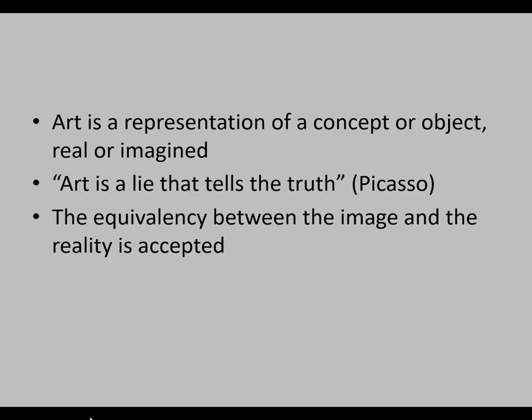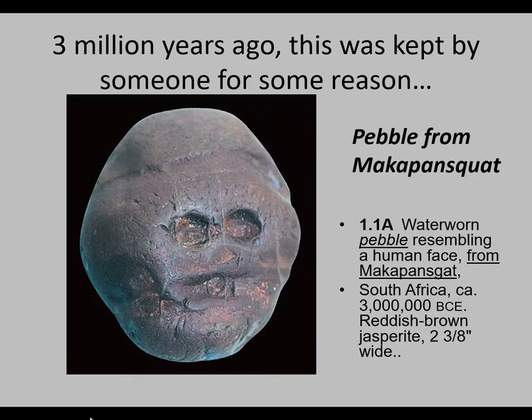And the idea behind the pipe painting is that the equivalency between the image and reality is accepted. That is, when we see the image of something, we accept it as equal to the real thing, and we talk about it as the real thing. And that is an important thing to note as we start looking at prehistoric man.